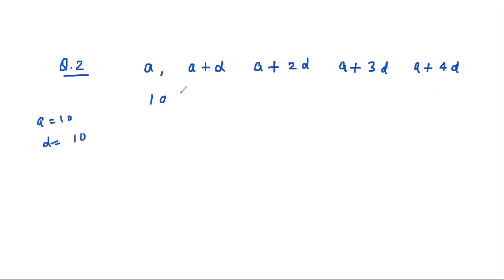So when we add A and D, we will get 20, then this will be 30, then 40, then 50, and so on. This is the first part.